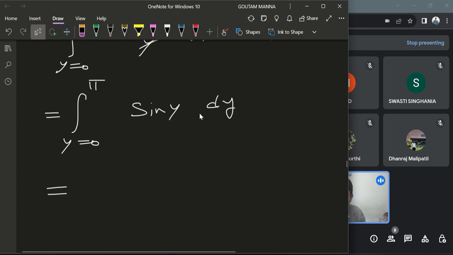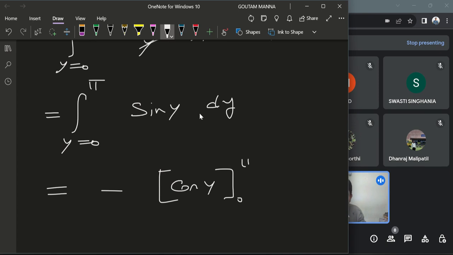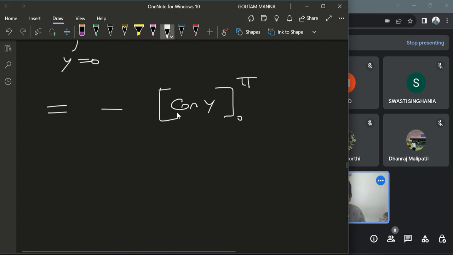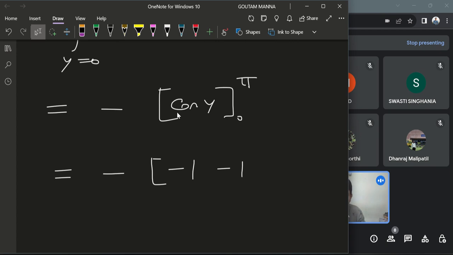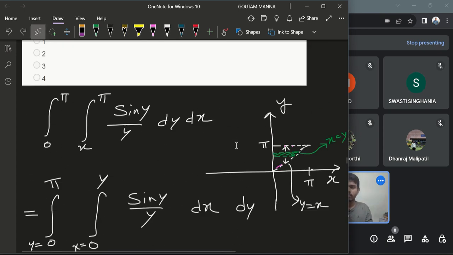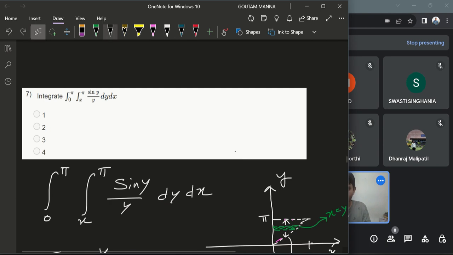This integration will be minus cos y from 0 to pi, and if I put the limits, it will be minus of upper limit minus 1 minus lower limit 1, so it will be 2. So 2 is the correct answer.